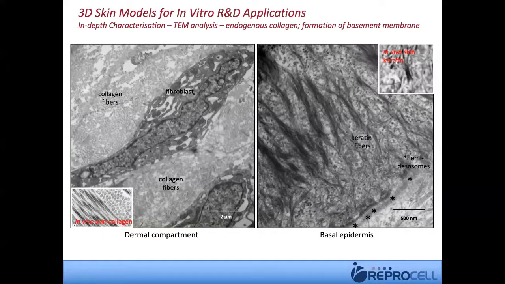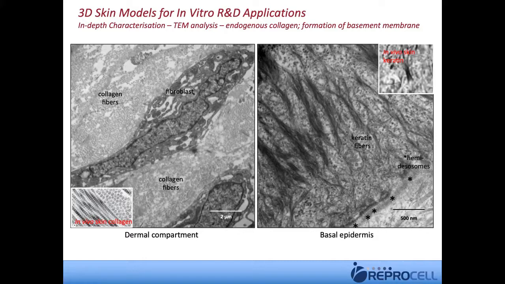We also have looked very closely at the ultrastructure of these models using transmission electron microscopy. So on the left, we can see a fibroblast, which is within the Alvetex membrane, and it's producing lots of extracellular matrix. So this is all human-derived extracellular matrix from these fibroblasts, and this is why it takes time for this to happen.